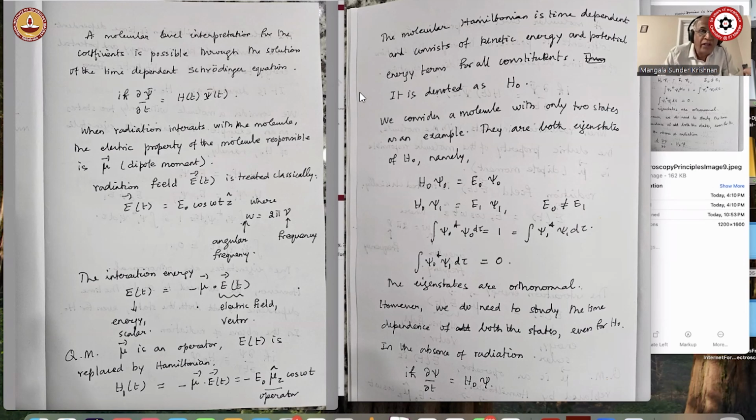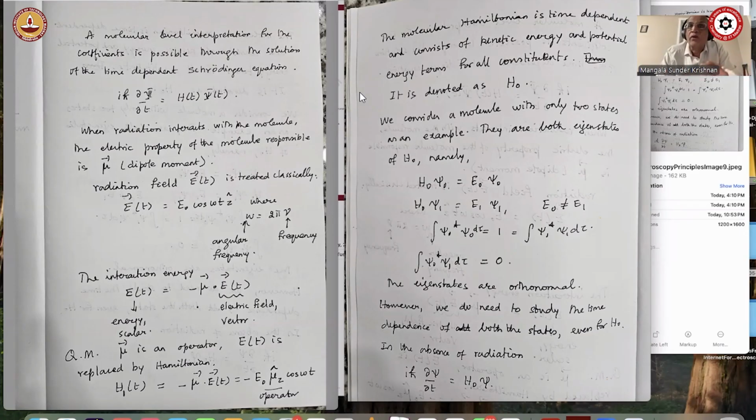Now, if the radiation is absent, then the solution psi of t is either psi 0, or psi 1, or some linear combination of the two. But now there is a time-dependent interaction due to the presence of radiation. Therefore, the wave function is different. We need to find out that wave function.